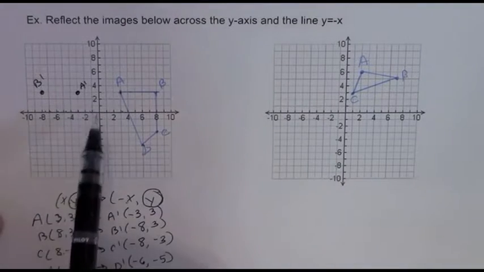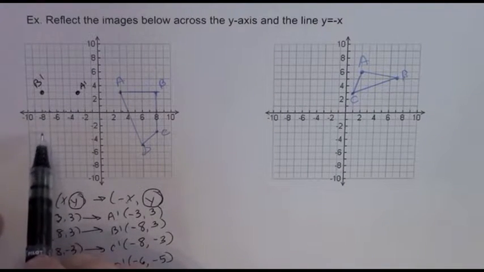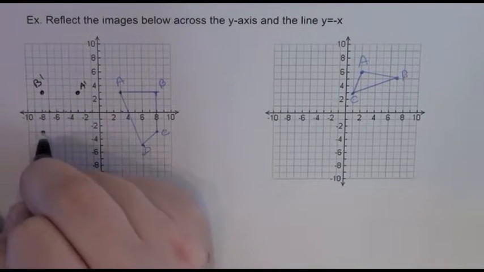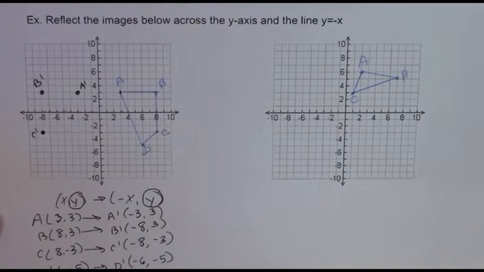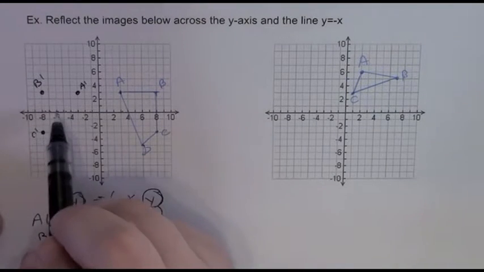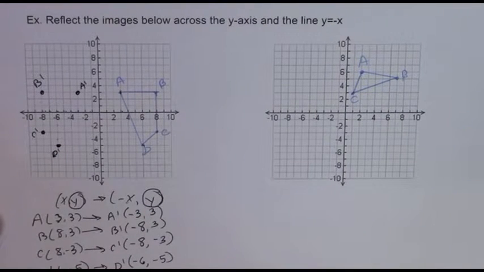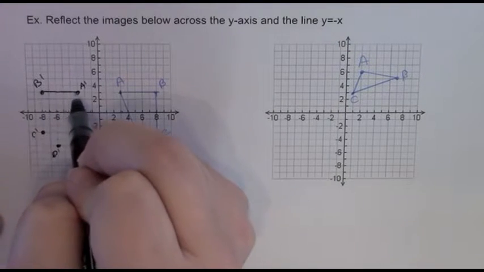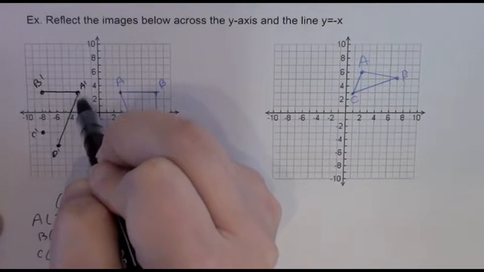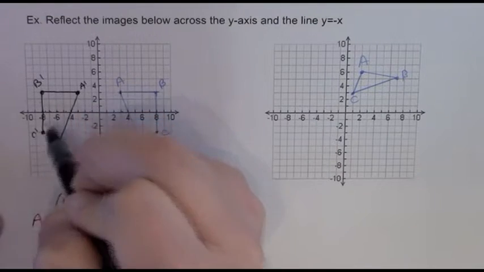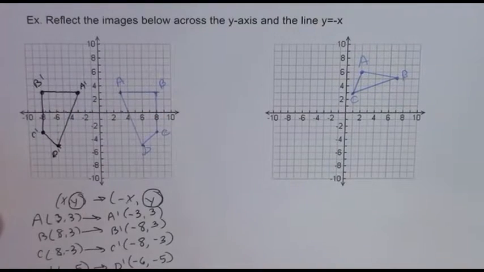For C prime, (negative 8, negative 3), go to negative 8, go down 3. And D prime is (negative 6, negative 5), so negative 6, then 1, 2, 3, 4, 5. Last step, connect them to get your shape.